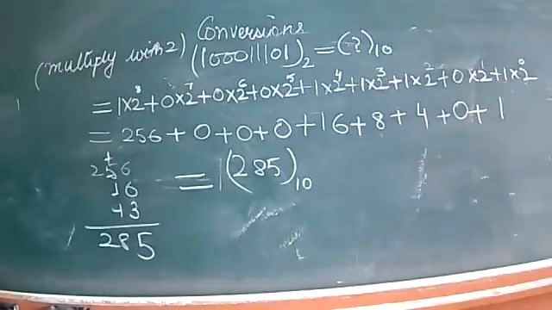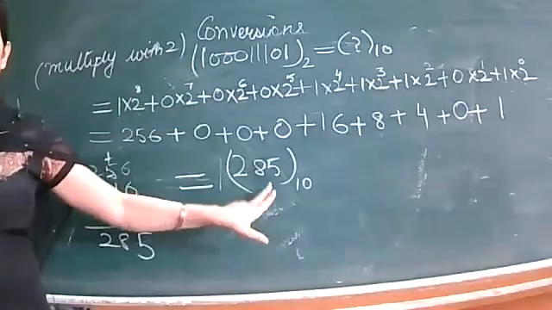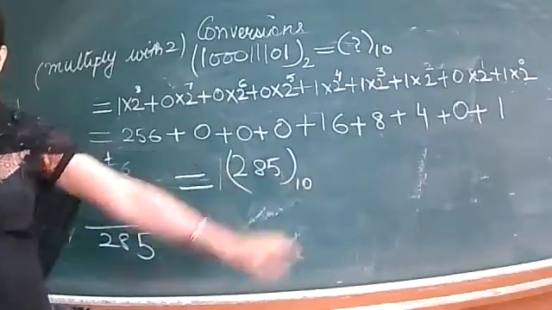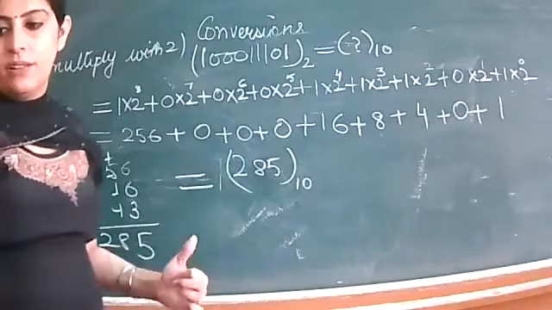So the equivalent decimal number of this number is 285, and you have to put it in brackets and write the base of the number as 10. The conversions are clear now to everyone? Both the conversions, decimal to binary and binary to decimal.